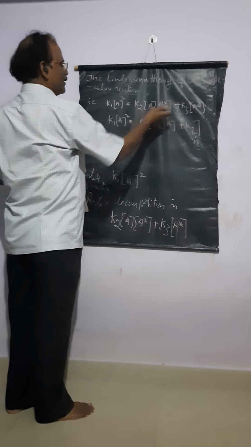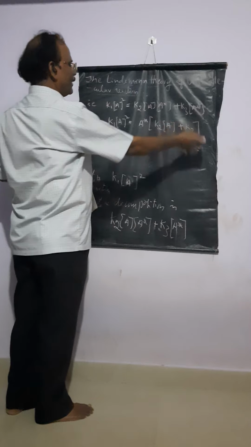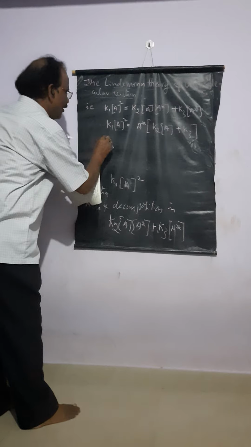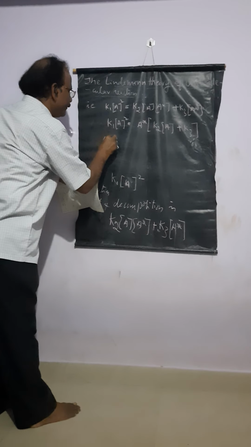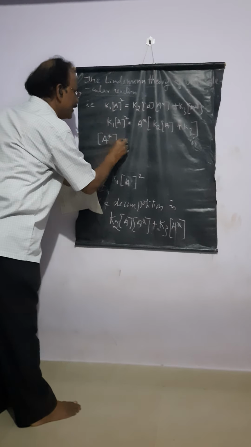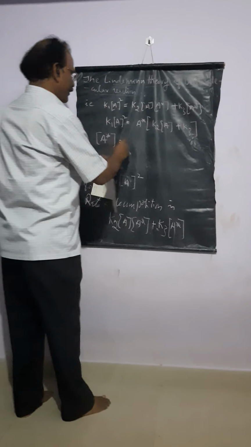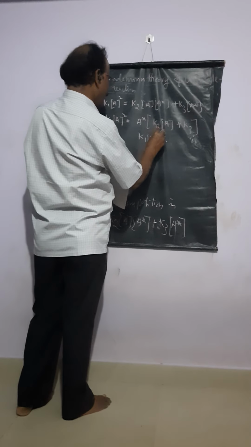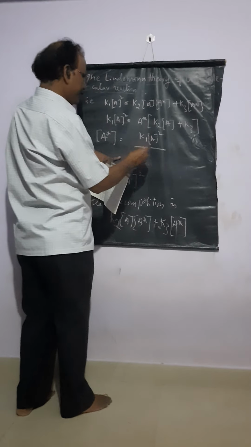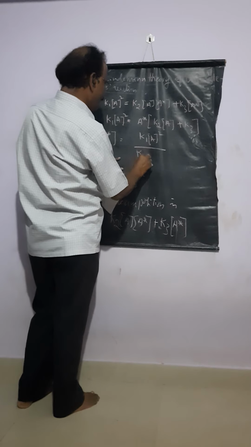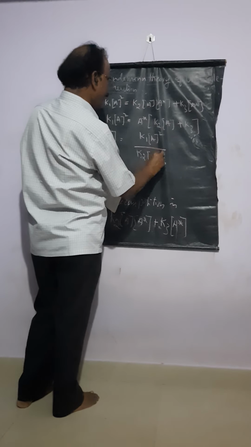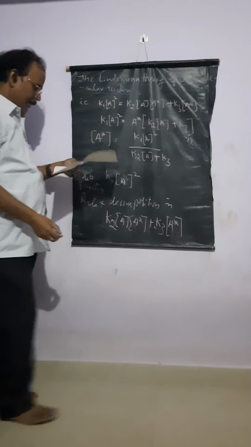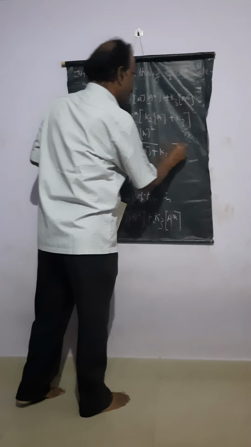Therefore, the concentration of A star is equal to K1 into A square divided by K2 into concentration of A plus K3. Say this as equation number 1.